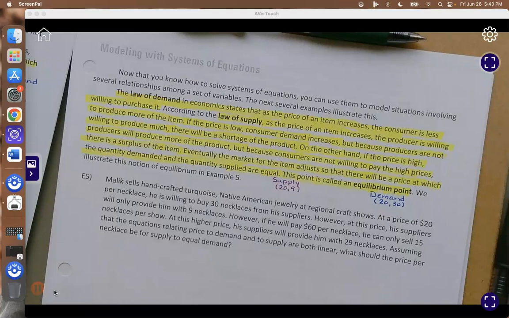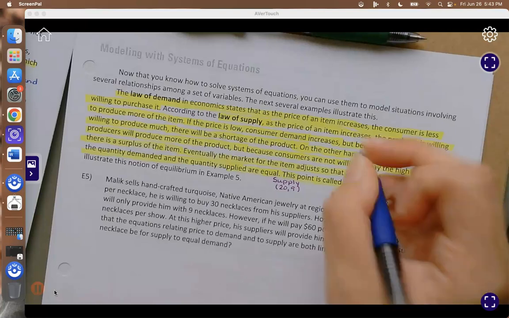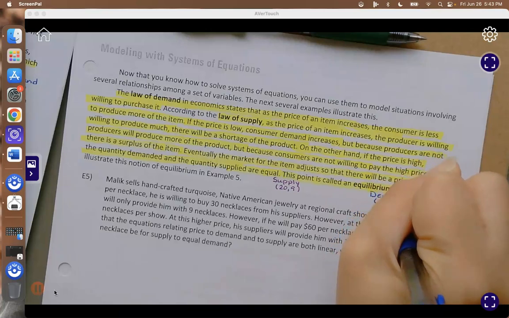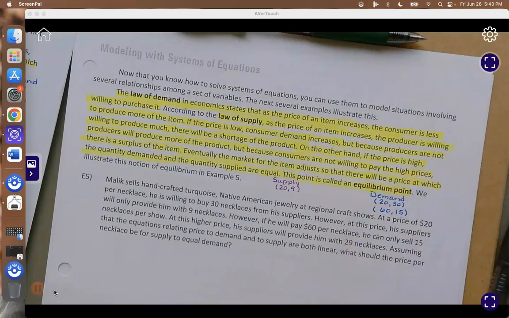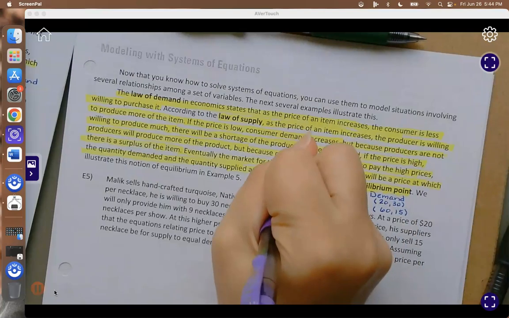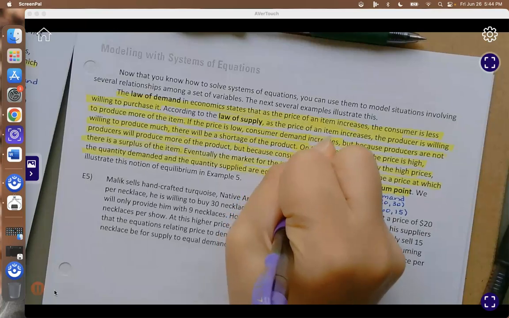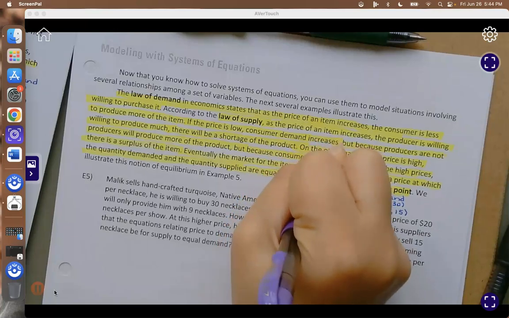However, if he pays $60 per necklace, he can only sell 15. So the demand is only 15. At this higher price, so at 60, his suppliers will sell him 29 necklaces.